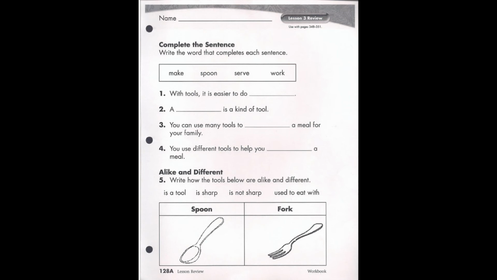Number 2 says, a blank is a kind of tool. Number 3 says you can use many tools to blank a meal for your family. And number 4 says you use different tools to help you blank a meal.